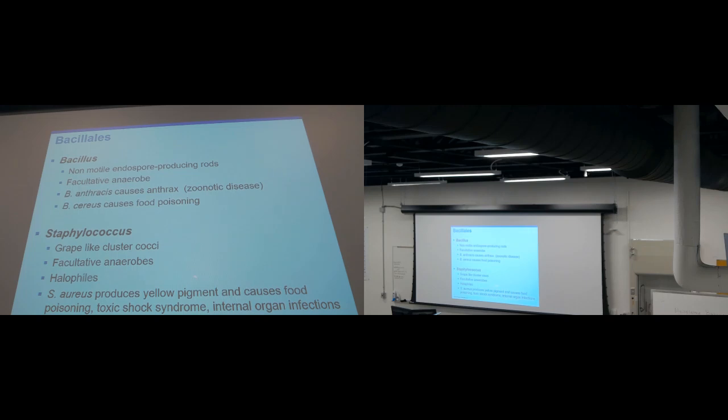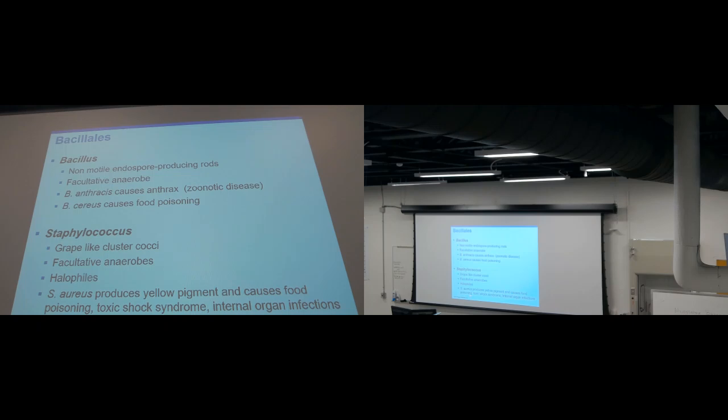Now, this bacteria, when it grows in agar, produces a yellow pigment. That's why it's called Staph aureus. Aureus is one of these words from Latin that means gold. So here in the periodic table, Au is the abbreviation for gold.